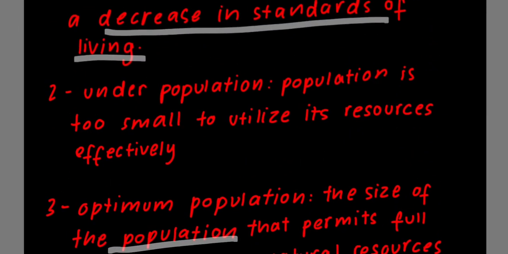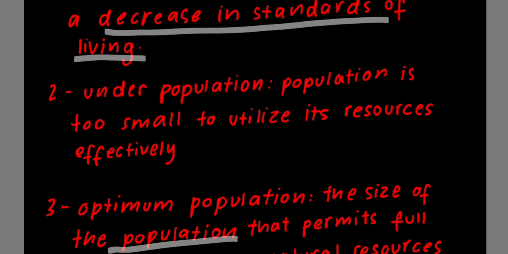So we also have underpopulation. This is when the population is too small to utilize its resources. For example, a place with around 500 people, but there's around 2,000 resources.